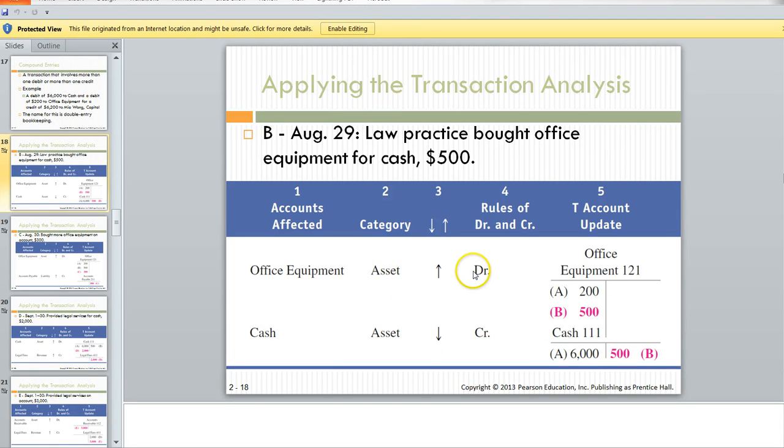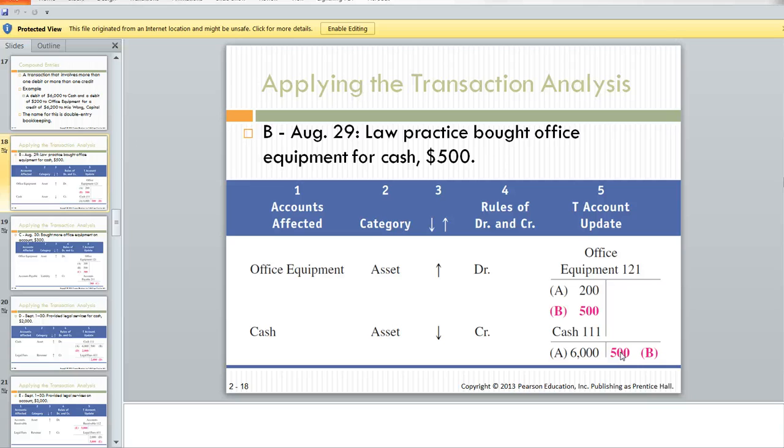Again, assets are increased by debits and decreased by credits, and that's exemplified here, keeping the transaction strictly in the asset side of the equation. There's a debit to office equipment, which adds to one asset, and a credit to cash, which subtracts from the other. Next transaction.